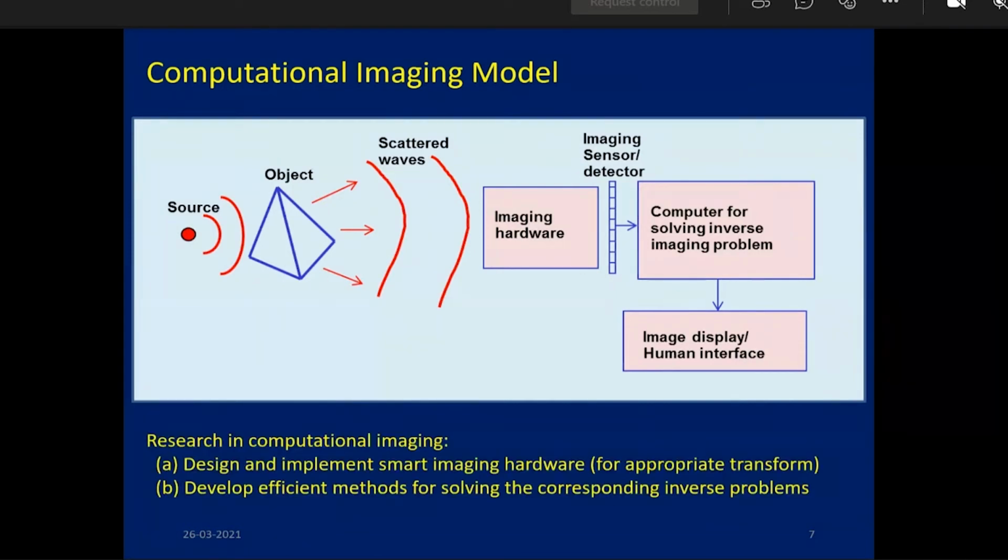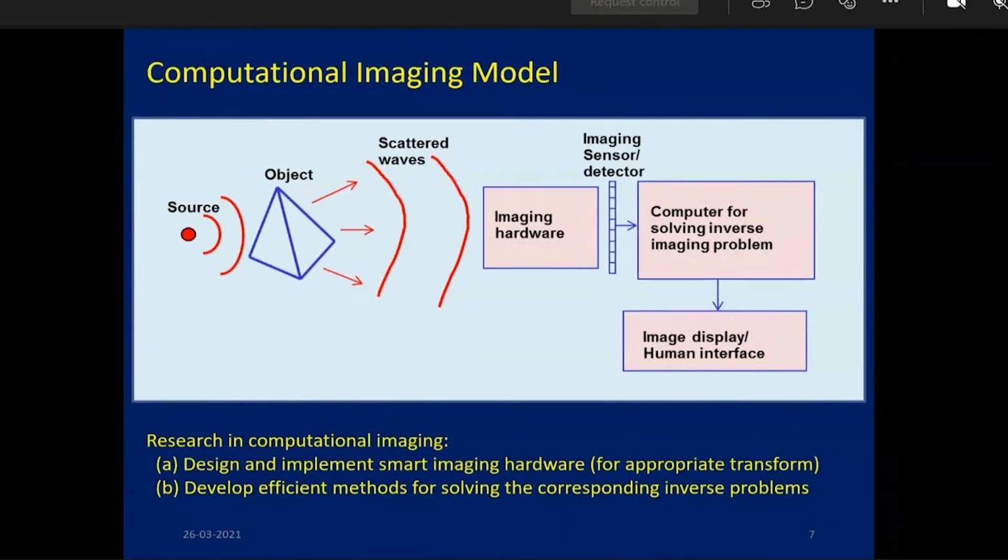There are two parts to this kind of computational imaging work. The first is, we want to design and implement somewhat smart hardware that applies some appropriate transform to these scattered waves. And then once these waves are detected, you also need efficient algorithms that will actually form the image.